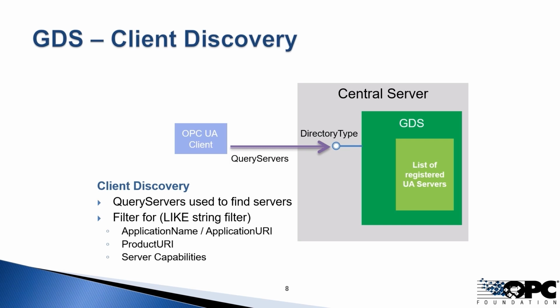And QueryServers takes a different type of filter string than the typical server discovery in the ad hoc case. And thus the important thing to understand is that a UA client, while it is required to use ad hoc discovery, is not required to use the central discovery server. So to use the central discovery server, the UA client has to be written specifically to do so.